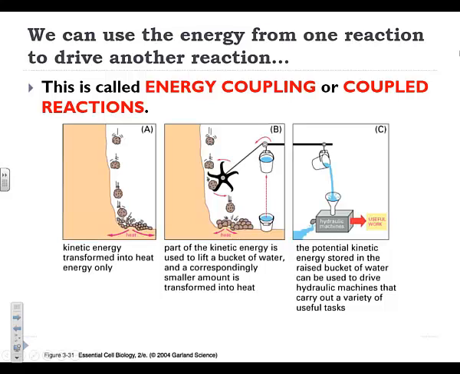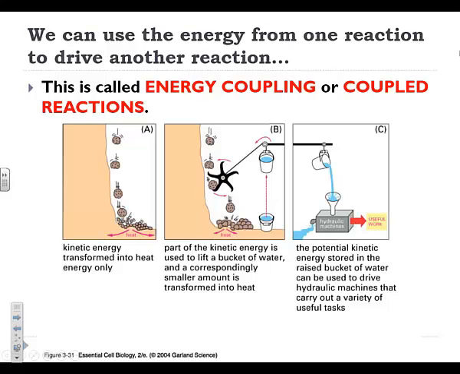So here in your book, they've shown just a cartoon that demonstrates the two types of energy, how kinetic energy can be transformed into heat alone, but if it's coupled to another event, that kinetic energy can be transformed to do work, and the water stored in the bucket then can be used to drive another reaction and produce useful work.